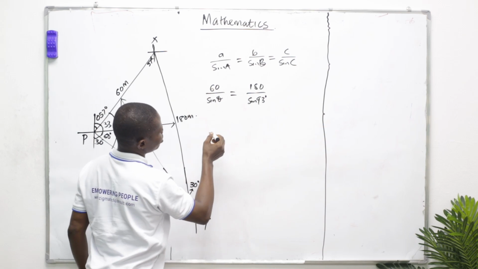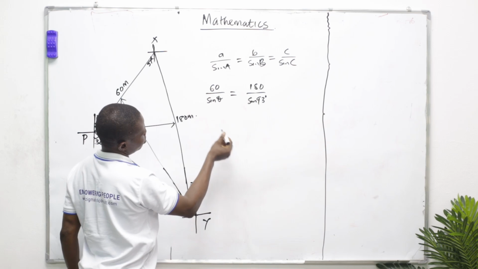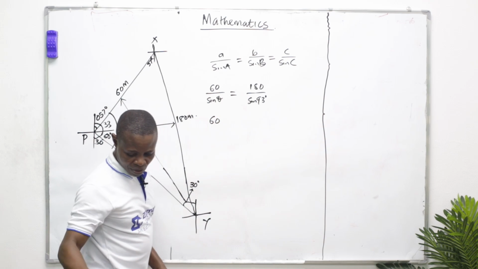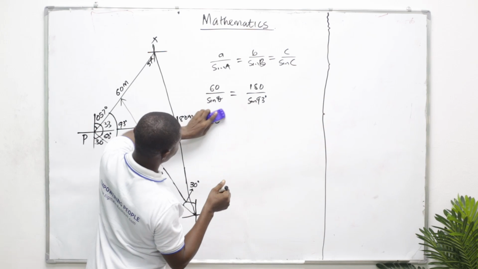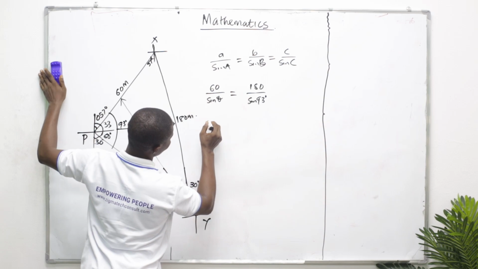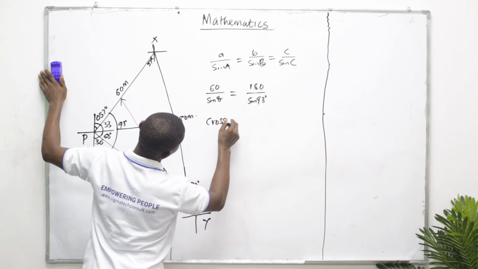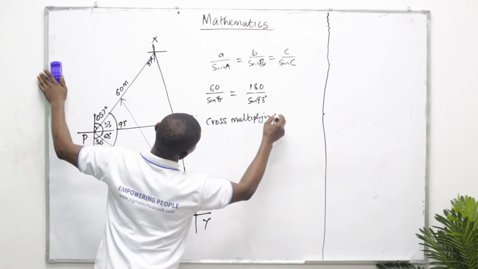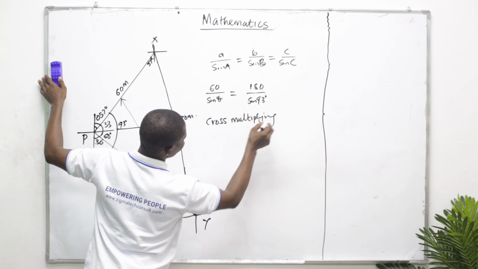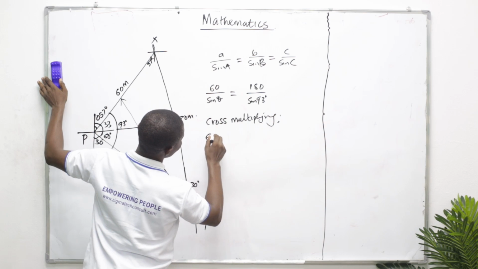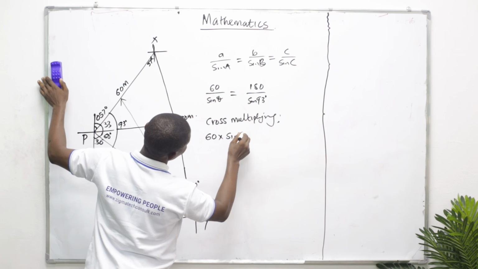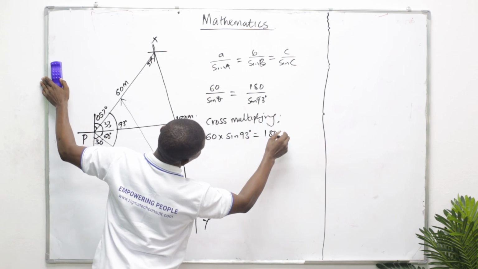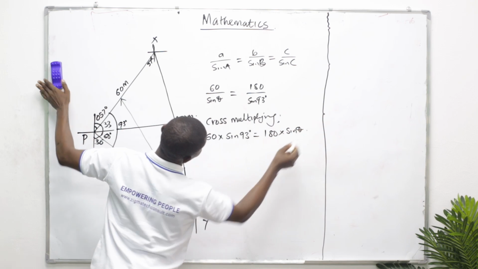You can see this. You have two fractions. The next step is cross multiplication, cross multiplying the two fractions we have. We have 60 multiplied by sin 93 equals 180 meters multiplied by sin theta.